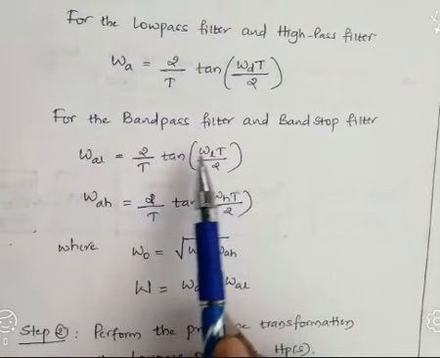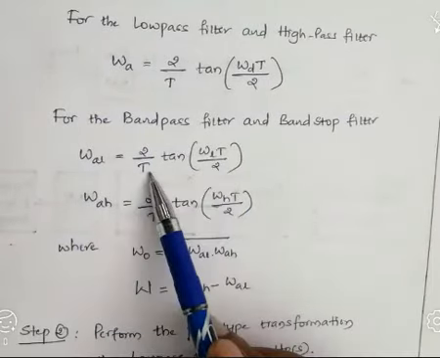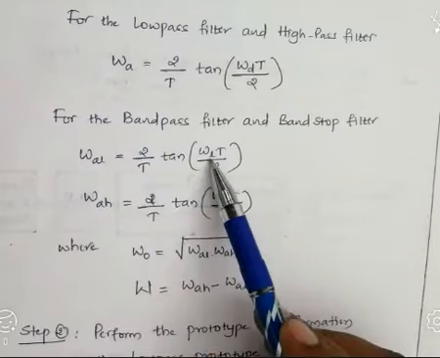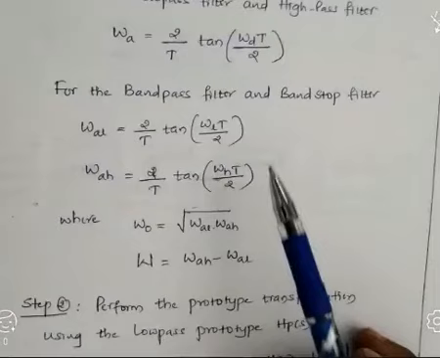The lower analog frequency is calculated from the lower digital frequency by the formula omega AL equal to 2 by T tan of omega L T by 2. Similarly, the higher analog frequency is calculated from the higher digital frequency as 2 by T tan of omega H T by 2. It is the same formula.